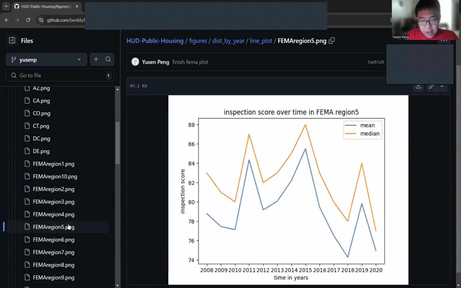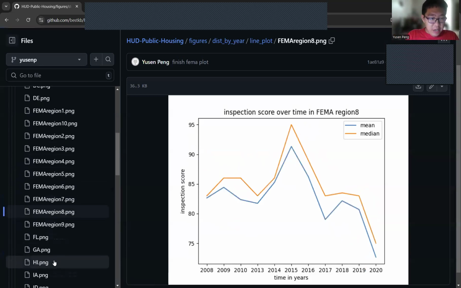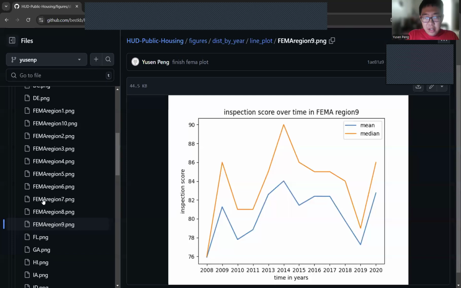Say FEMA region 5 is fluctuating, but for some other regions like 8, 9, they have really different patterns, and this is also very interesting: for different FEMA regions, the trend in inspection score can be really different.